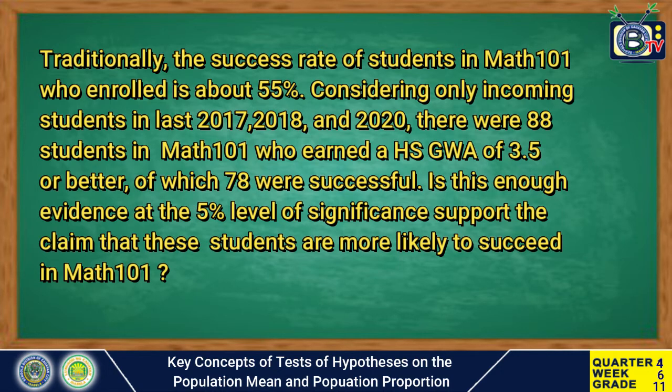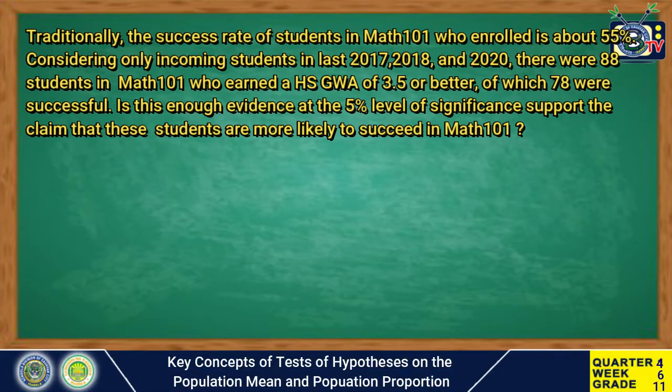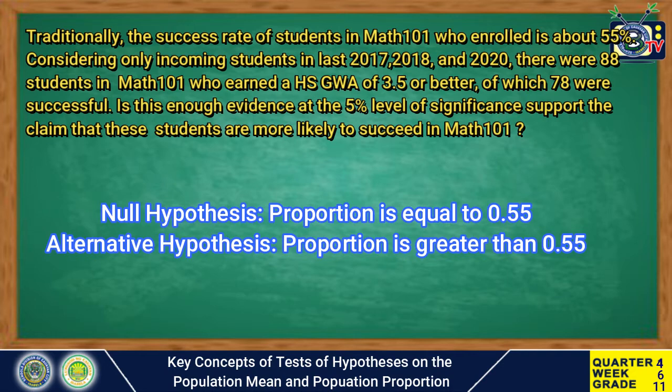Is this enough evidence at the 5% level of significance to support the claim that these students are more likely to succeed in Math 101? We get that 55% are usually successful and we are wondering about more likely to succeed. So we have our null hypothesis, that our proportion is 55%, and our alternative hypothesis is more than 55%.